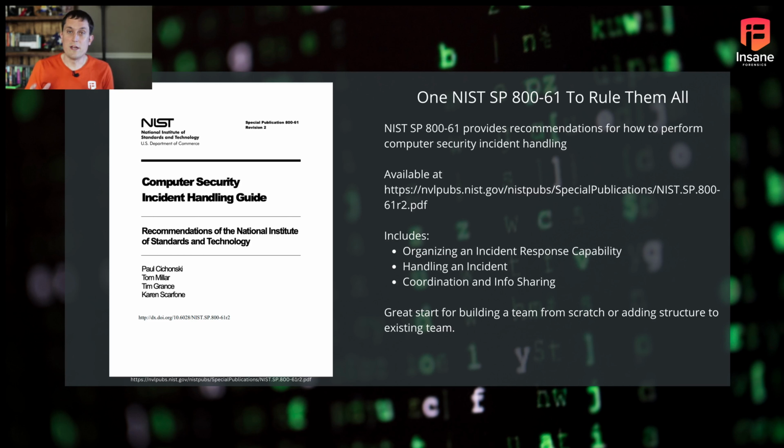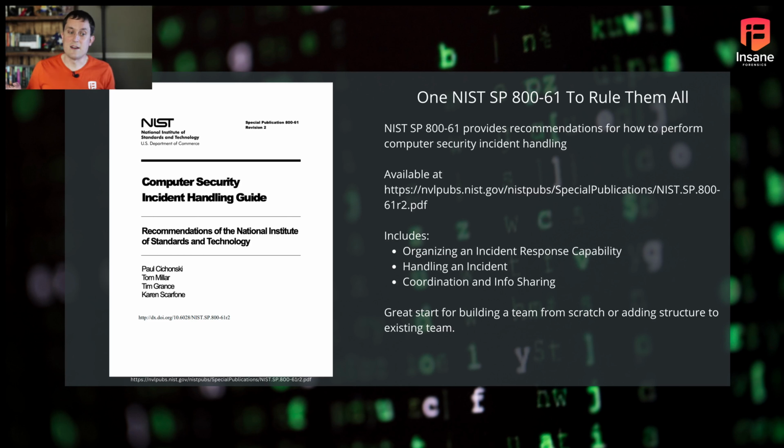It's what we are going to be pulling a lot of the structure out of today. If you want more detail on anything I'm going to talk about, definitely check out NIST 800-61. It is 71 pages. There are a lot of details. Today, we're really going to hit what we see as the most important things to get started.